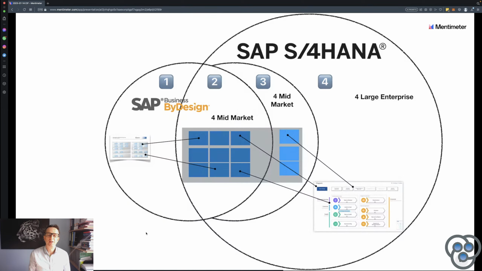And then we know, okay, what is now in subset 1, what is in subset 2, what is in subset 3, and what is in subset 4. And then you as a customer, or you as a prospect, as somebody who is interested in selecting Cloud ERP, SAP Business ByDesign versus S4HANA Cloud, you can then choose, okay, which of these process building blocks do I want?